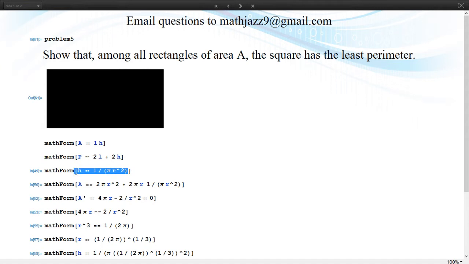And if we solve the area equation for length, we get that the length is equal to the area divided by the height. So that means that we can plug the length into the perimeter equation, and we get 2 times the area over the height plus 2 times the height is equal to the perimeter.